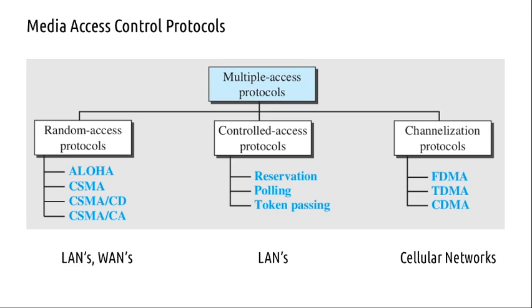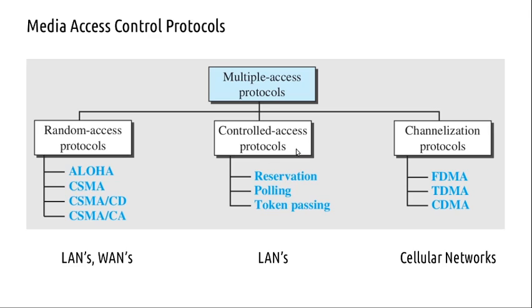Then there is controlled access, where some of the protocols are outdated, but token is still there. Reservation and polling: you would have seen this example of polling in microprocessors, the interrupts and polling, isn't it?